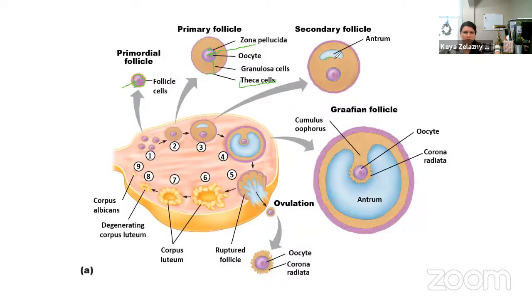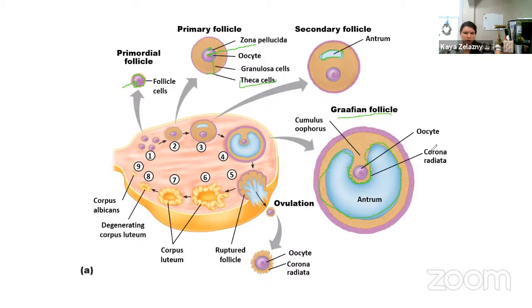Then we call it a secondary follicle when we start to see the antrum, which is our fluid-filled sac. Graafian follicle we would recognize because the antrum's really big. So it's basically ready for ovulation, right? We still have the oocyte here. We have a little bit of those granulosa cells that are still around the oocyte, within the antrum.